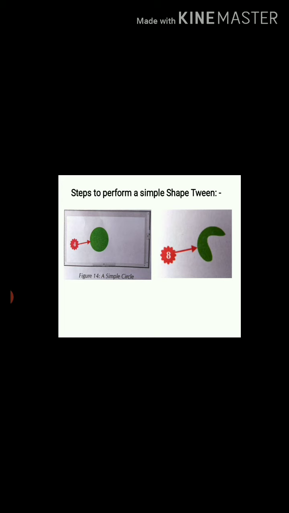Left click and hold the mouse button and drag to change the shape of the circle into something like in the figure. Left click in frame 1 on the timeline. In the Insert menu, select the Shape Tween option. To play the animation, hold down the Control key while pressing the Enter key on the keyboard. This is the step to apply a shape tween on a circle.